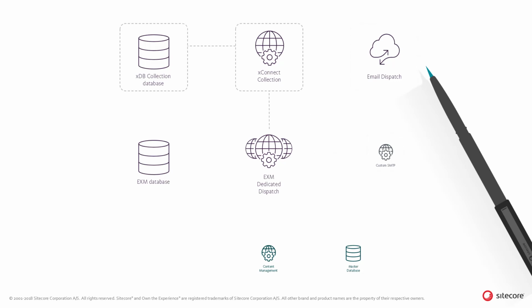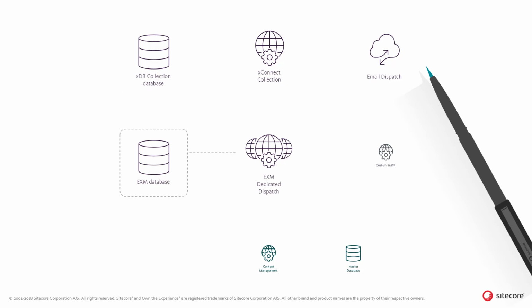The dispatch role then saves an email sent interaction to the XConnect collection service. This records the email campaign on the individual contacts in the experience database and provides reporting in EXM and Sitecore and enables personalization across other channels.